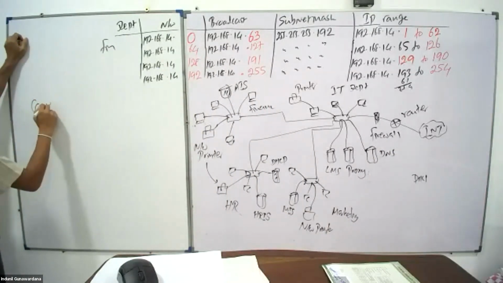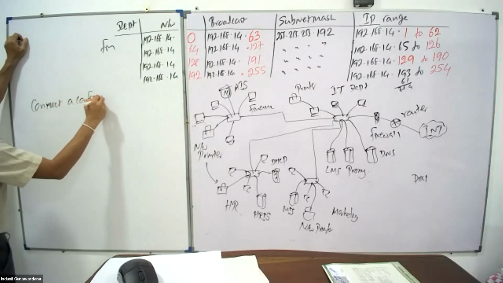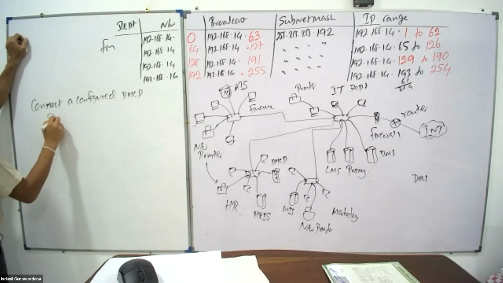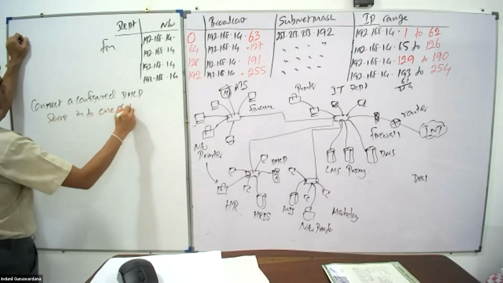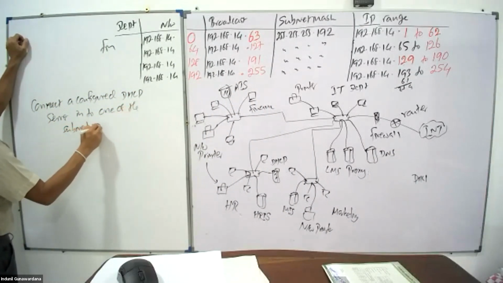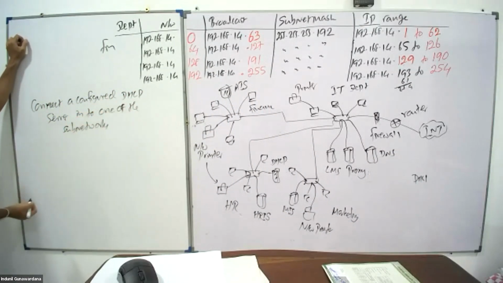Connect a configured DHCP server into one of the subnetworks. Connect the configured DHCP server into one of the subnetworks.